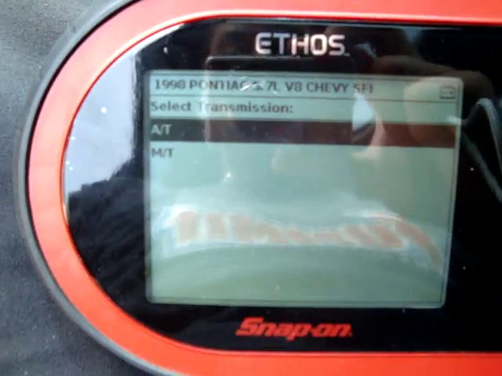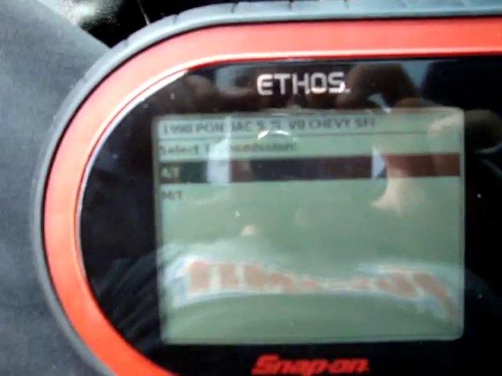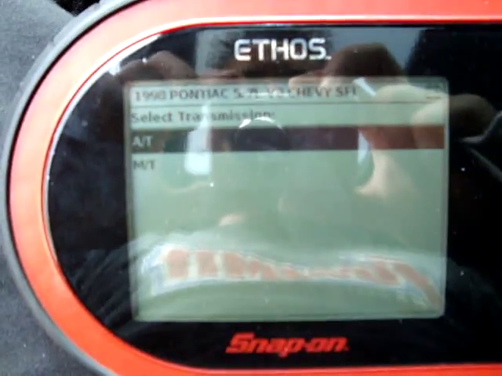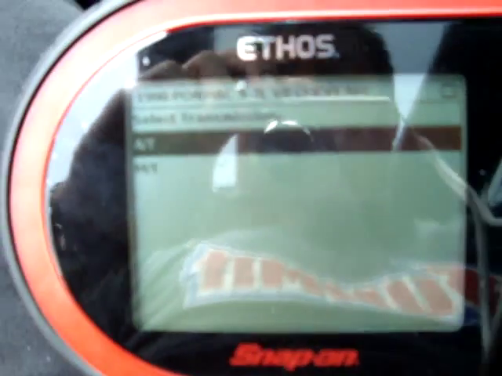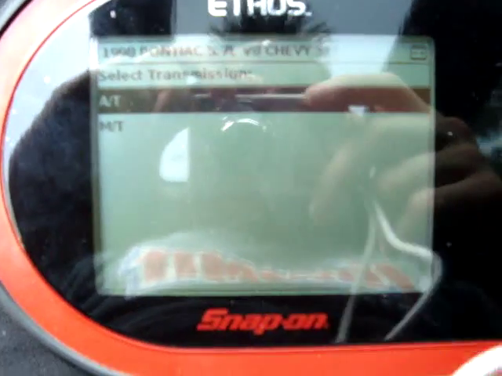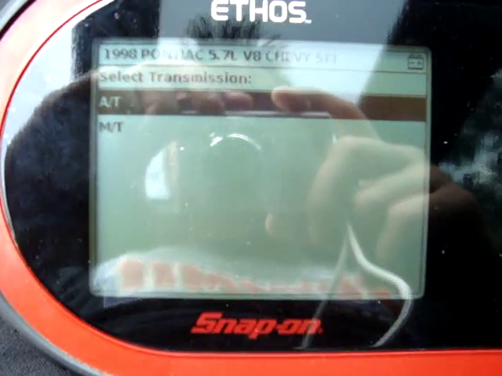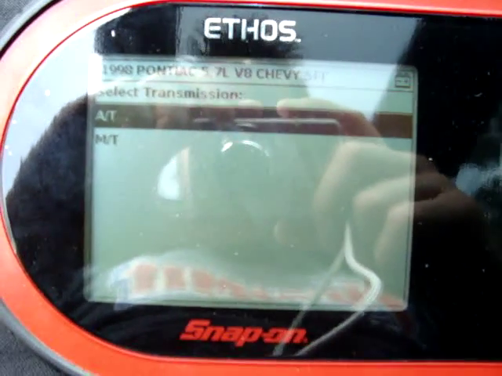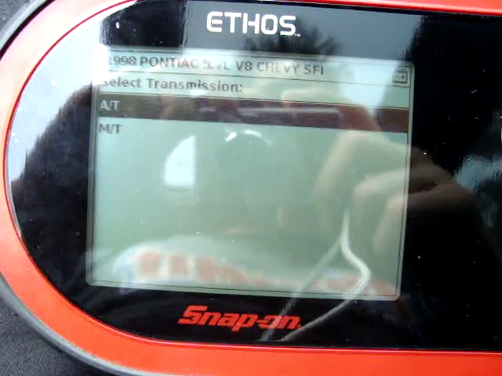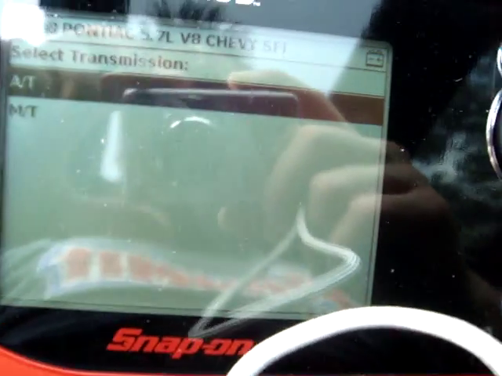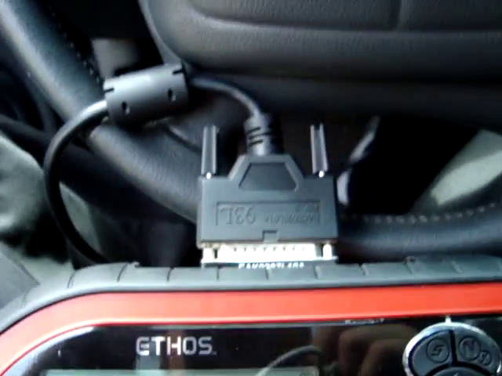And actually, I might do that tomorrow, considering my car is running a little bit rough, and I think my right bank O2 is actually saying that it's running lean, so I got to figure that out. I don't want to be having detonation occurring. But anyway, this is the Ethos.